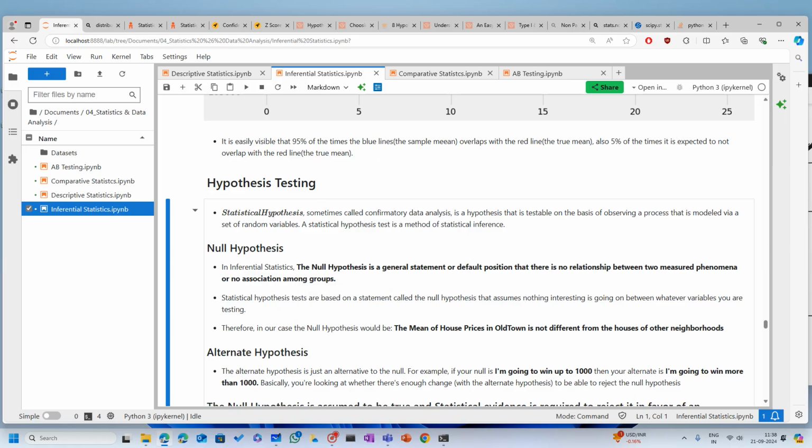We will also look at some comparative statistics, which is nothing but your various tests, when to use them and how to use them. And finally we'll be left with one final topic, A B testing.